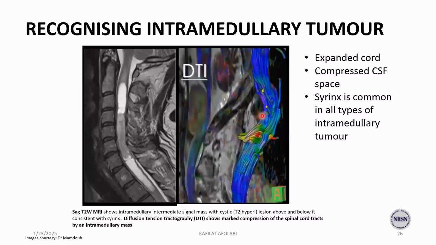It's an assumption that because ependymomas are usually central, the fibers of the spinal cord itself may not be embedded in the tumor.